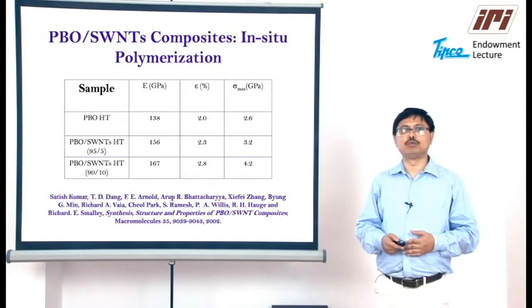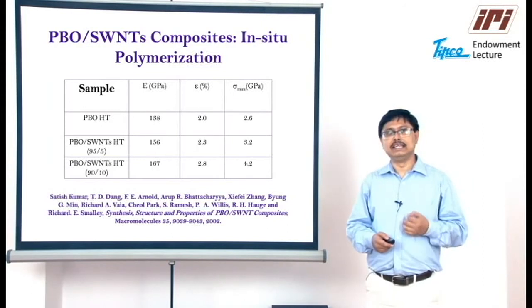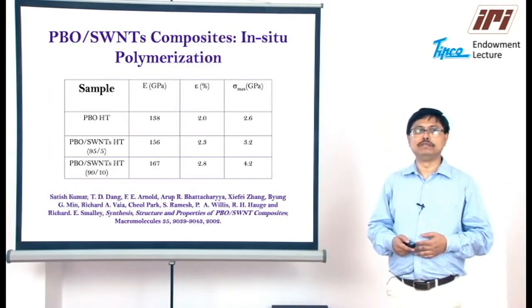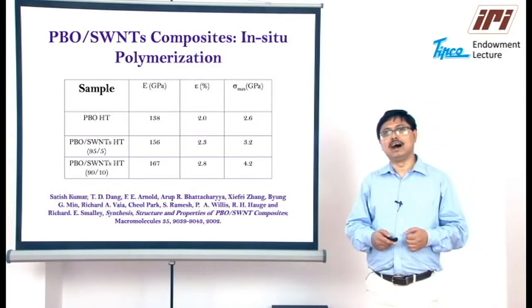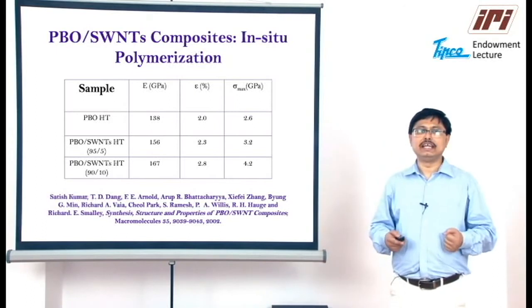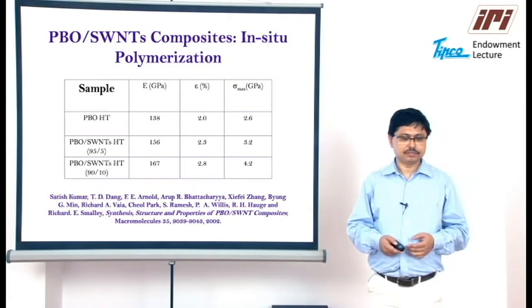These composites were prepared during the in situ polymerization of the PBO, and later were heat treated in an argon atmosphere in a tubular furnace in order to make them more oriented.